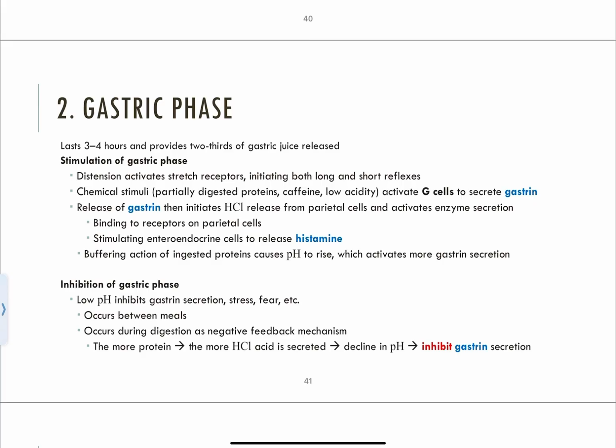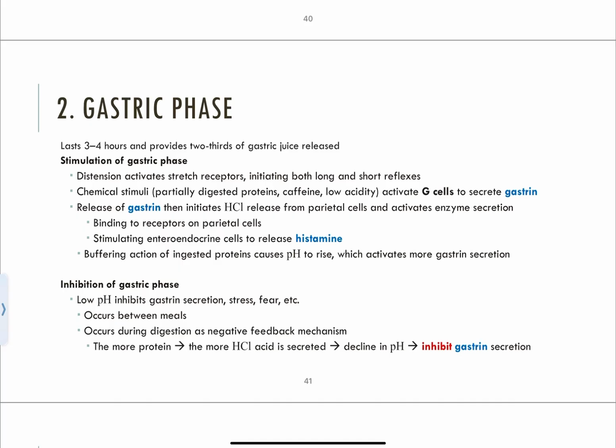Binding of gastrin to receptors on parietal cells also helps stimulate enteroendocrine cells to release histamine. So all of this is kind of like a positive feedback cycle. All of these are going to enhance the breakdown and release of hydrochloric acid. We do have the buffering action of the ingested proteins, which causes the pH to rise, which activates more gastrin secretion, and it's kind of this cycle that's going on.